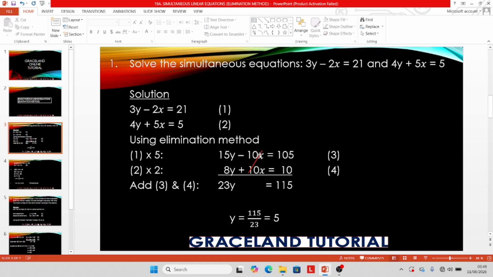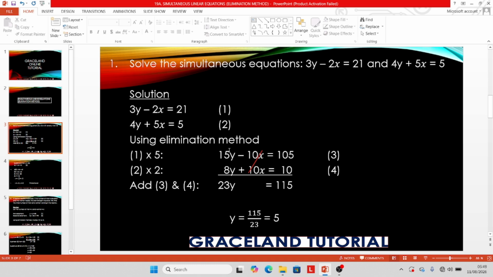Minus 10x plus 10x gives us 0. So in other words, you are going to add equation 3 and equation 4.